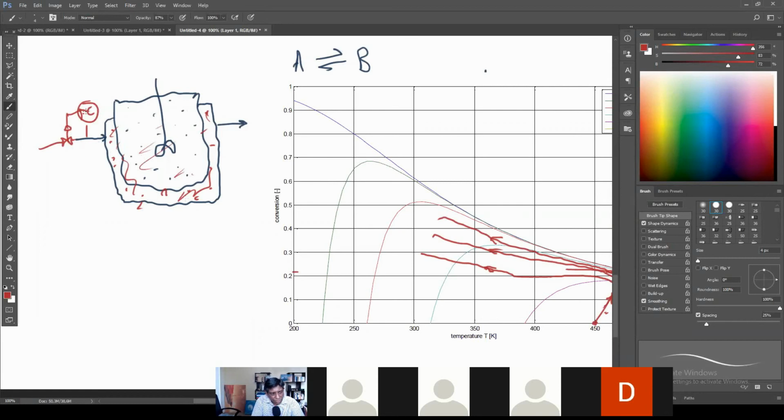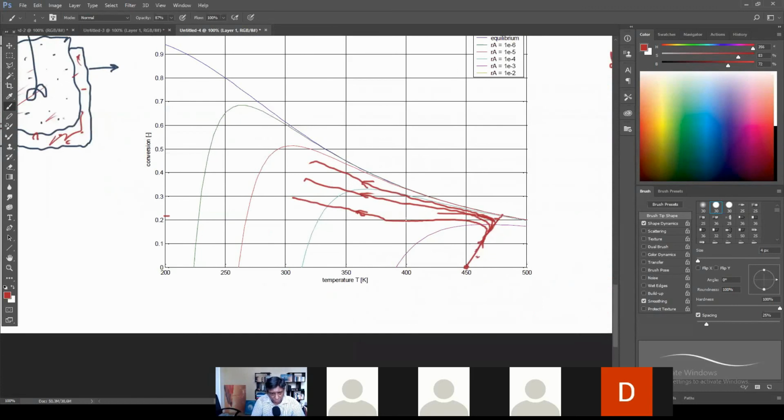So by changing the flow rate here, we can change how fast we cool this reactor down. And so that changes which trajectory we'll be moving along. And that's important because we know that the rate changes so quickly along those lines. So there exists a maximum rate path that we would like to move along.